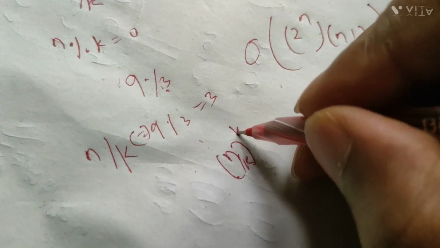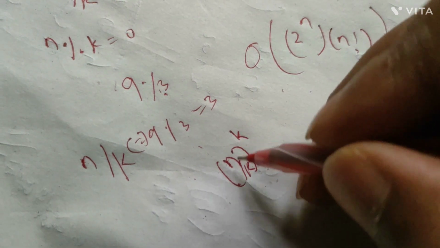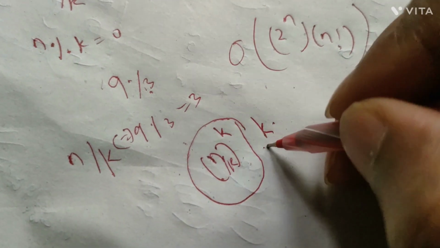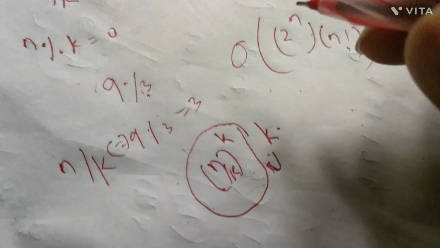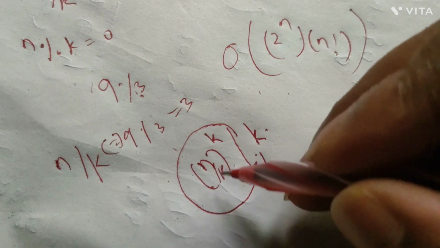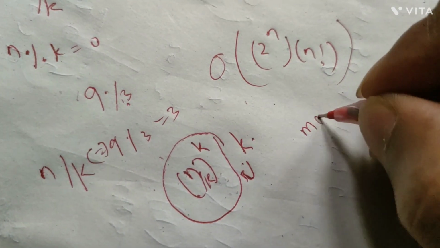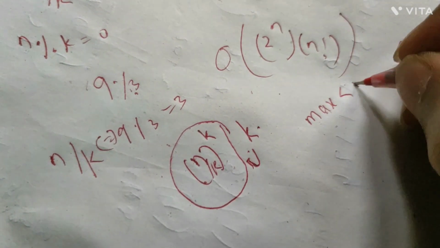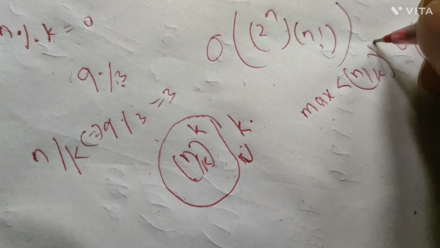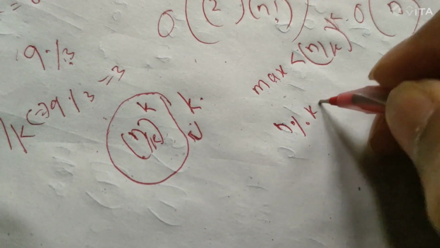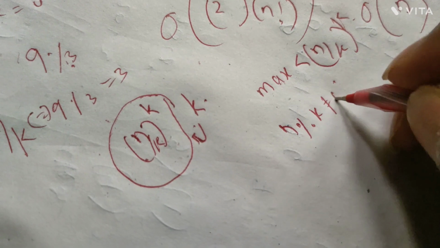And if n by k power k is greater for a particular k value, then we should take that many divisions only. So the maximum n by k power k value should be taken. We will do that with an incremental approach, where if the max is less than n by k power k, we are going to take it.